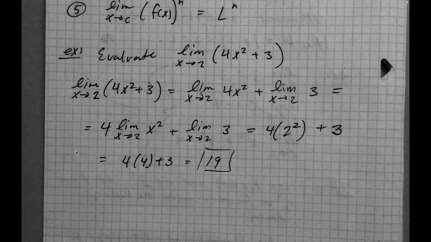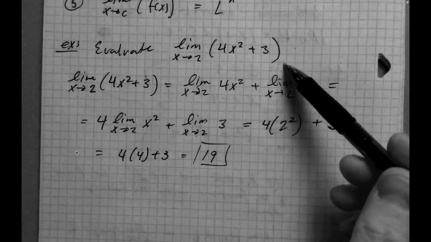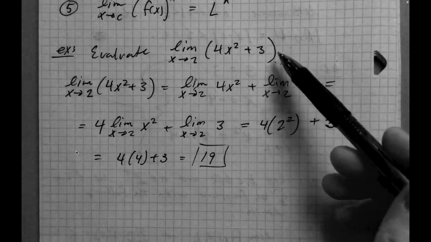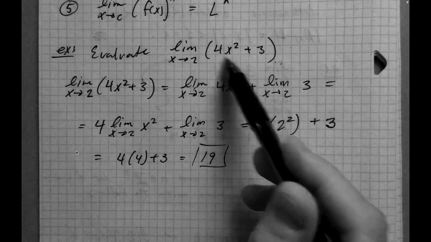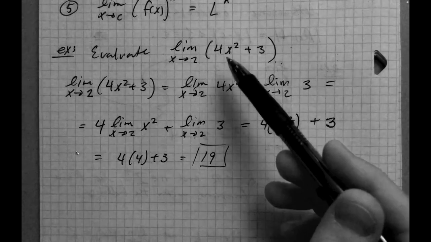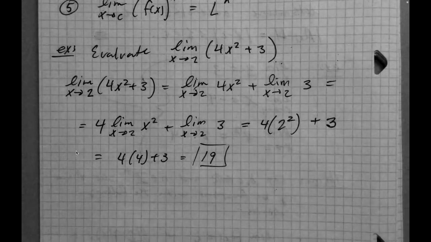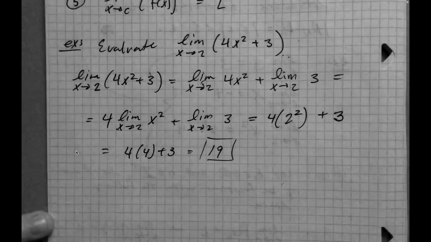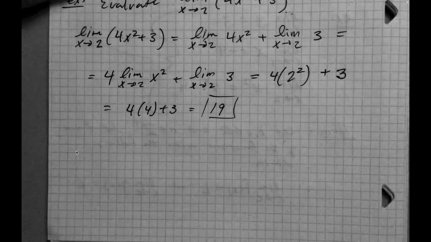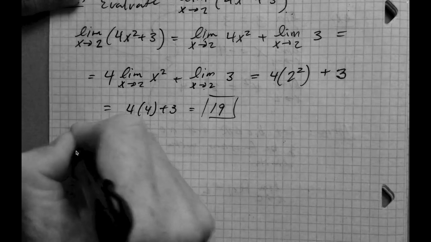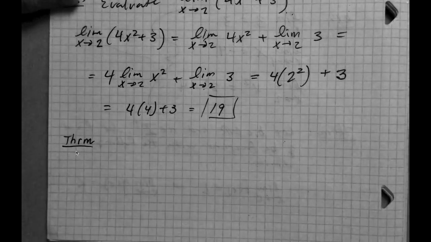For people who recollect their pre-calc or their algebra, this is a polynomial. This is an example of a second degree polynomial. Now it turns out that limits are very friendly to polynomials, mostly due to the continuity of the polynomial. So let's throw out a theorem here quickly regarding that.